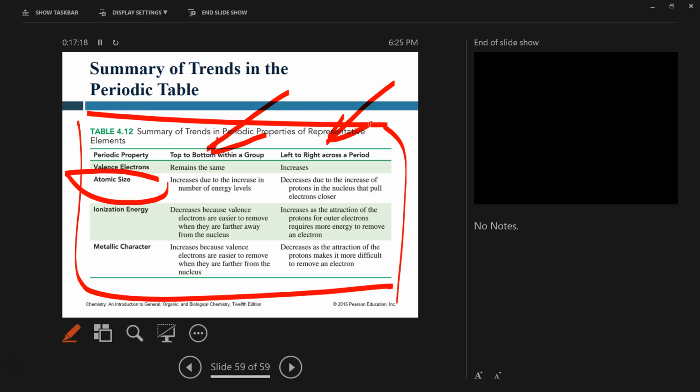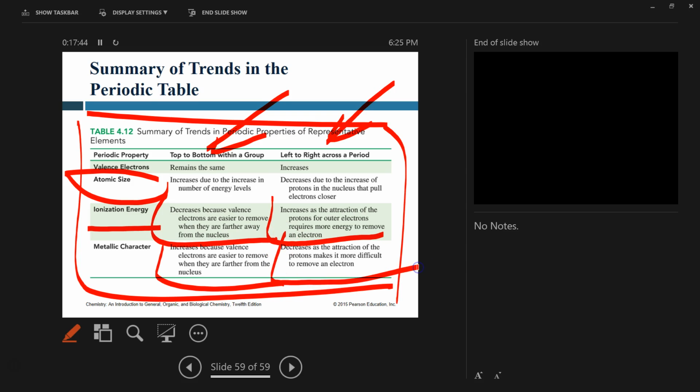Ionization energy decreases as we go from top to the bottom of the group and increases as we go from left to right of a period. And finally, metallic character increases as we go from top to the bottom and decreases as we go from left to right.